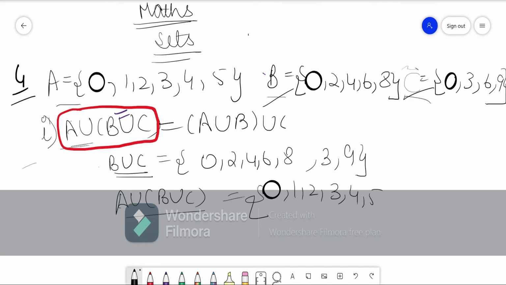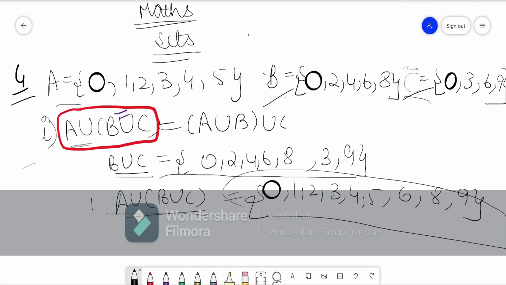You have written set A. Now you have to write B union C, that is, these elements. So 0 is already done, 2 is done, 4 is done, 6, 8 and 9, right? So this is the first part. Okay, this is your A. So what is your A union B union C? That is 0, 1, 2, 3, 4, 5, 6, 8, 9.